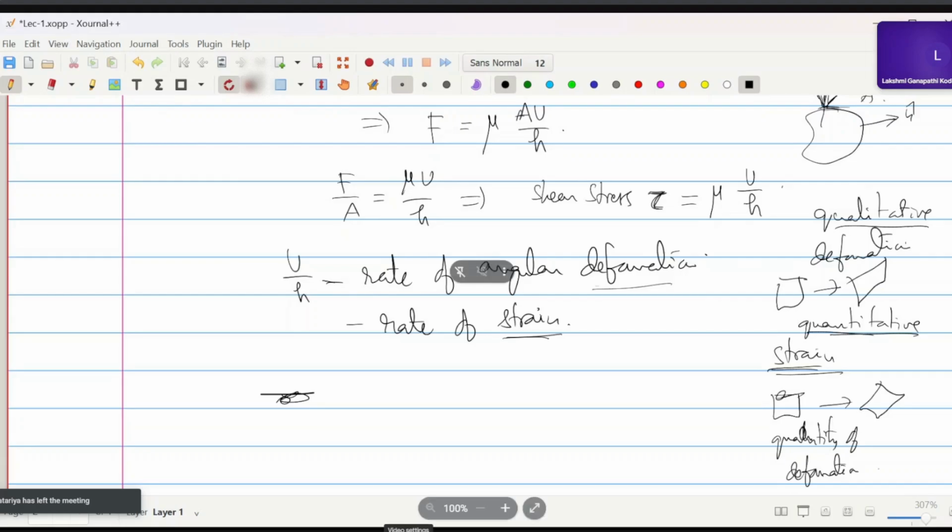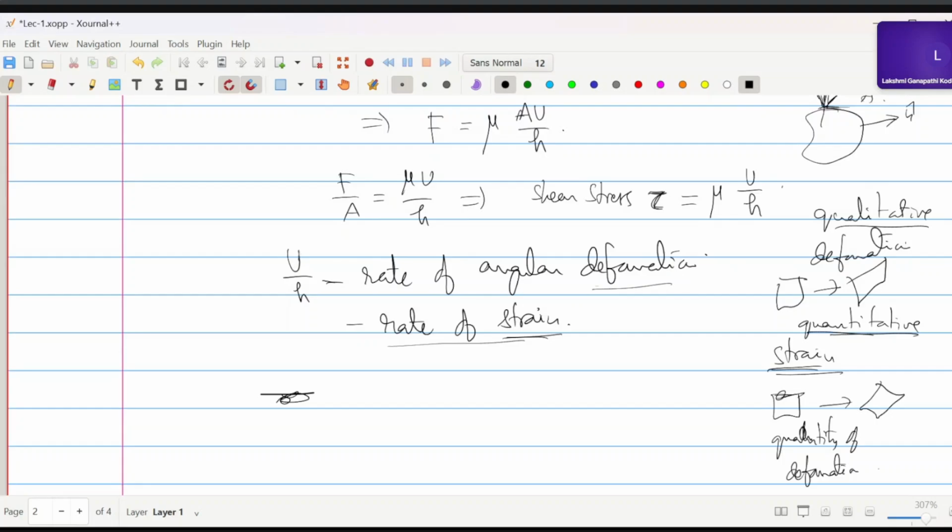So this is how you quantify it. That is the rate of strain, because you are dealing not with the shape here. For example, in the x direction, you're not talking about x, you're talking about its velocity. The rate of change of that displacement x divided by time is 0. That is why it is the rate of angular deformation.